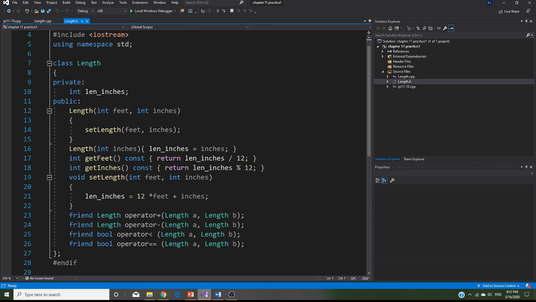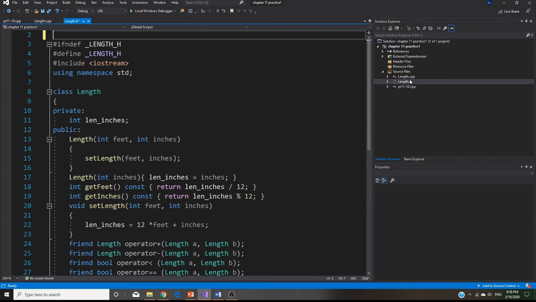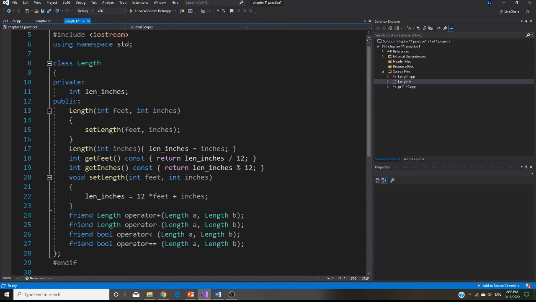Let's take a look. For this one, I want you to download length.cpp, length.h, and 11-10.cpp. Let's take a look at the length.h file right now. In the length.h file, for the length I have feet and inches.